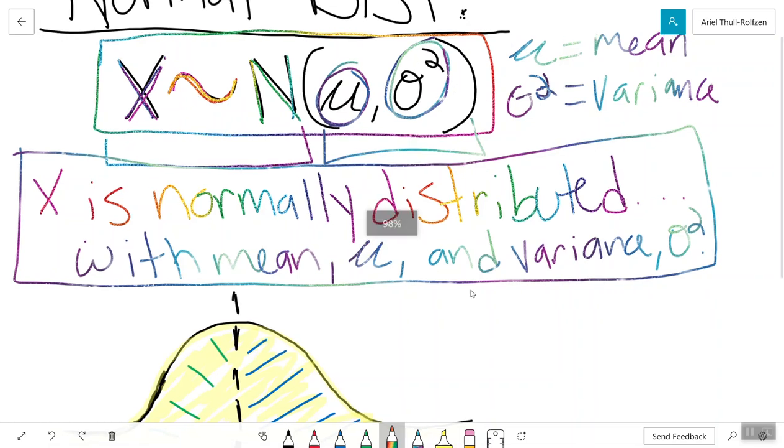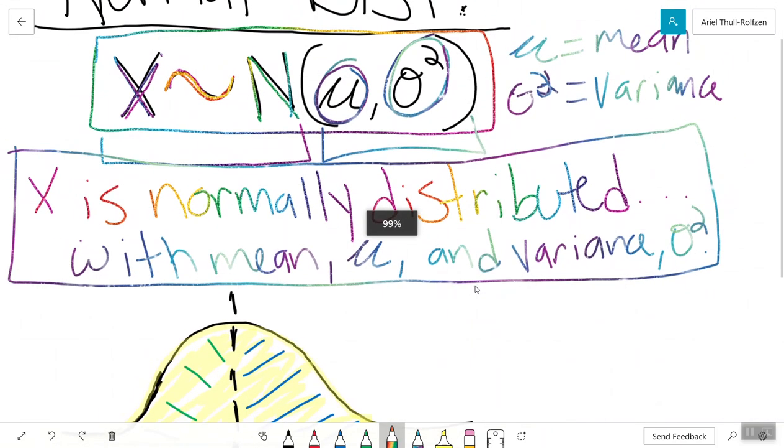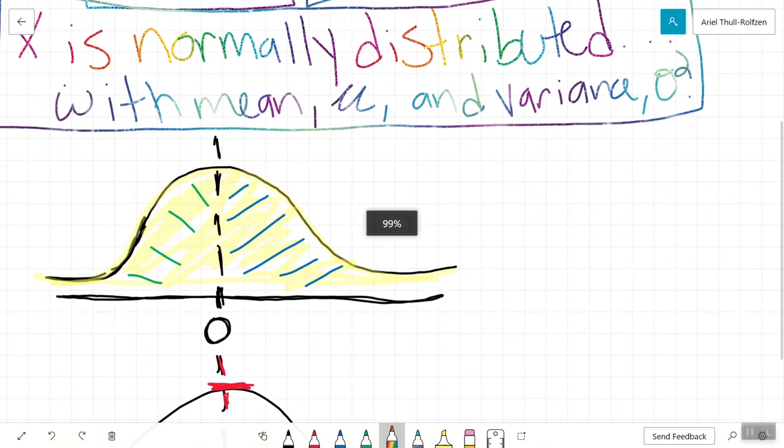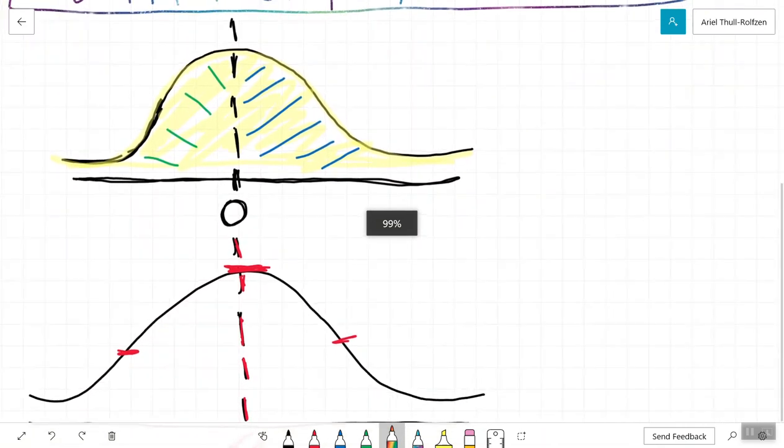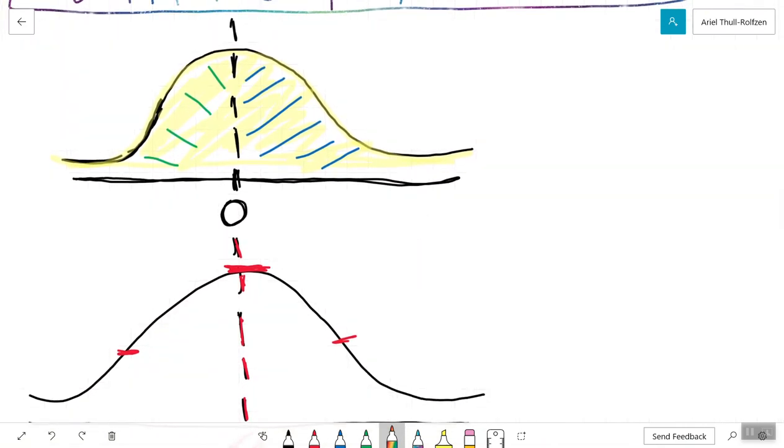And we decided we were going to draw a bell curve. The reason I put 0 right here is so that I could instill in you that if I were to put a 1 up here and a -1 down here, my area is still going to be the same.